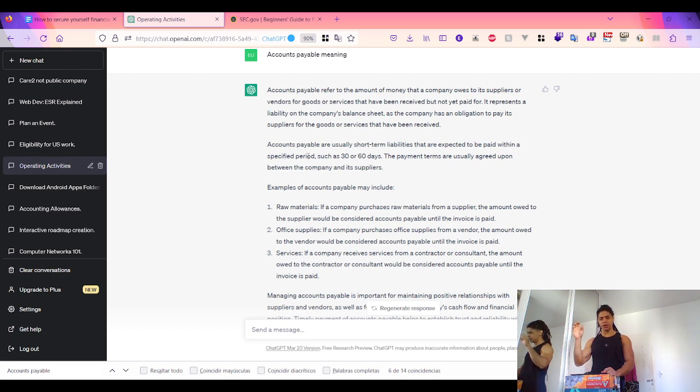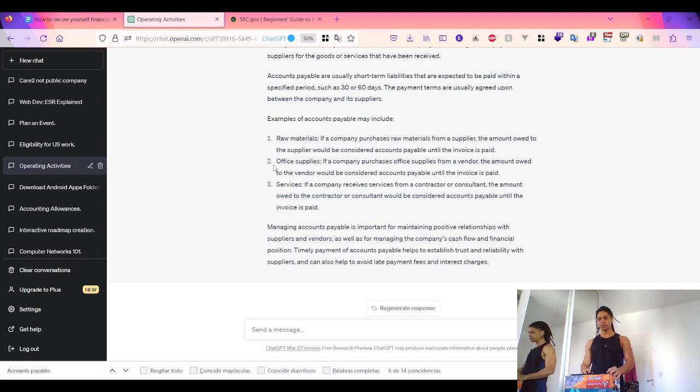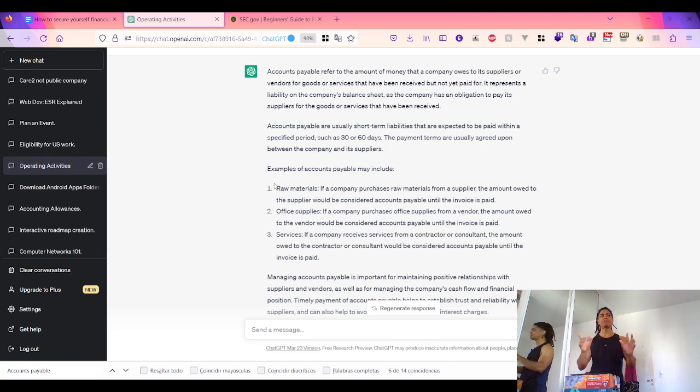So these are goods and service that have been received but not yet paid for. Okay, this is an example of accounts payable.